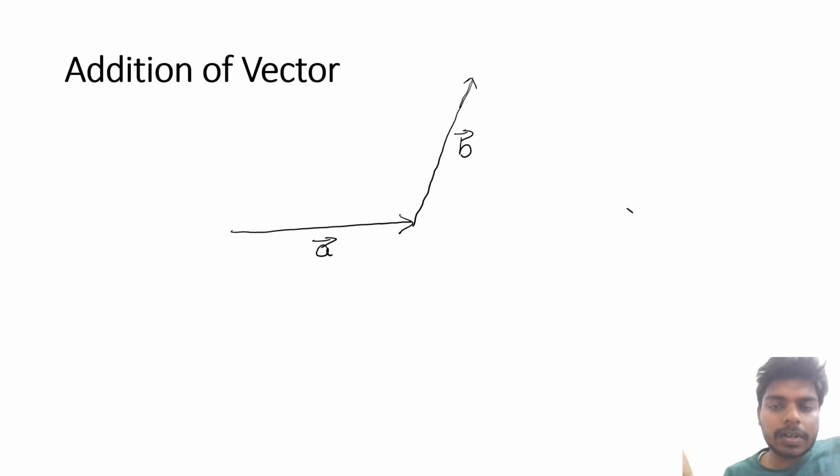In this, we are shifting this v vector to here, because we have stated that if the vector is translated without changing magnitude and direction, the vector does not change. That is why we can translate this v vector to this point without changing its magnitude and direction.